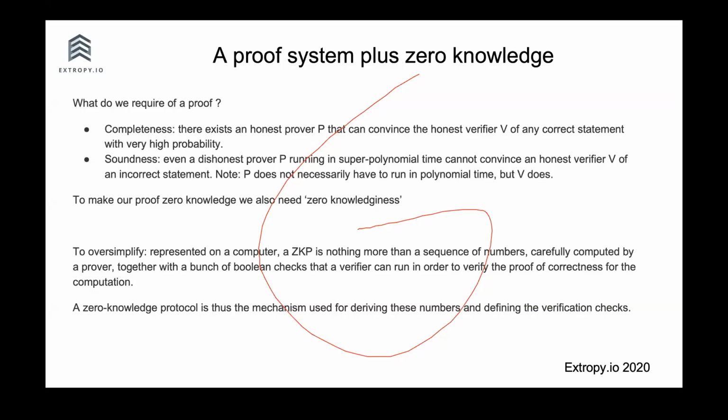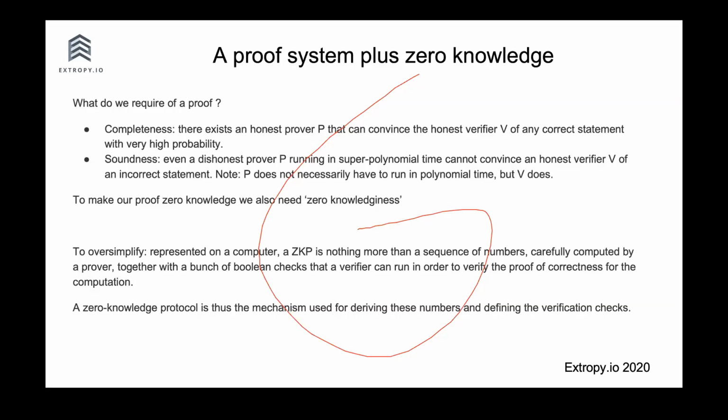Now, that is all fine from the concept of the proof itself, but we haven't said anything about zero knowledge. So in addition to those things, we want the idea of some zero knowledgeness, as I call it there. And this is the idea, as I said before, that when presented with the proof and accepting the proof, the verifier will not find out any other information other than the fact that the proof is valid or that it is not valid.